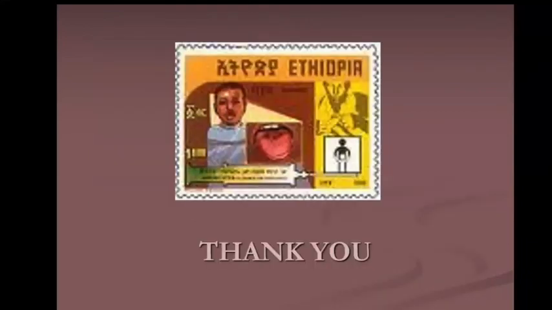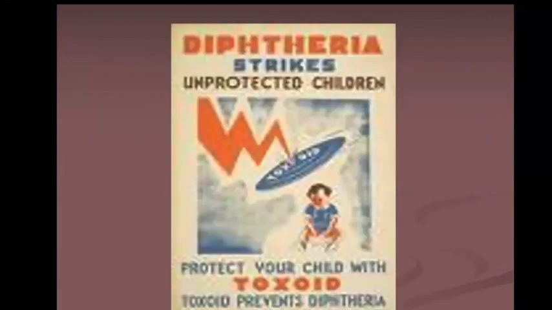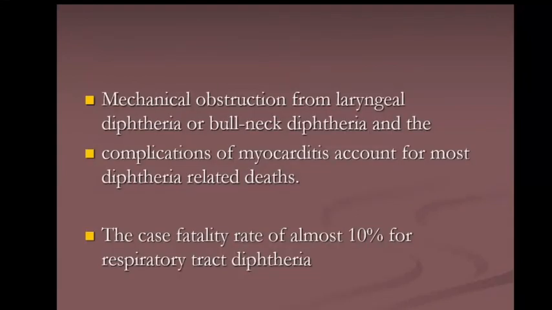Okay, so diphtheria is one of the important vaccine preventable diseases. Due to the improvement in our socio-economic and hygienic conditions and immunization coverage, in Nepal almost 70 to 80% vaccination coverage is there.